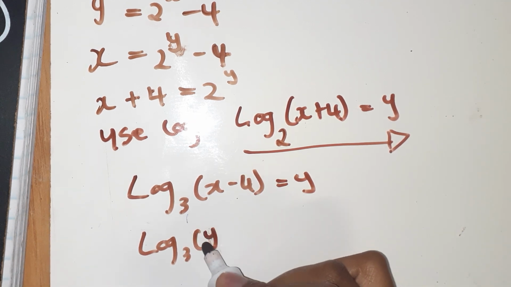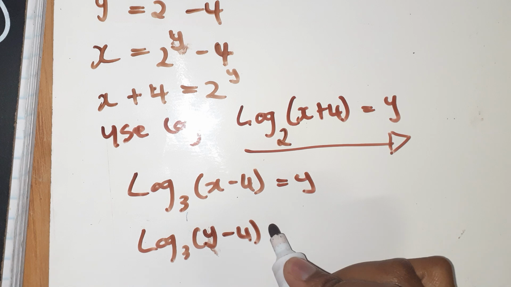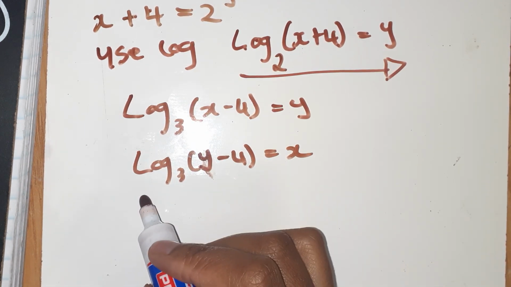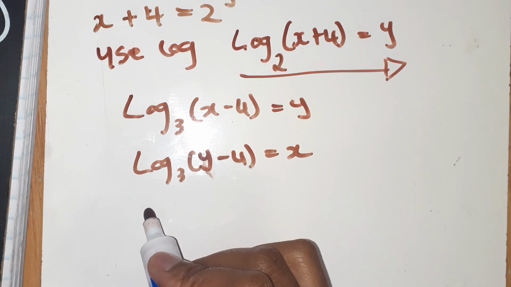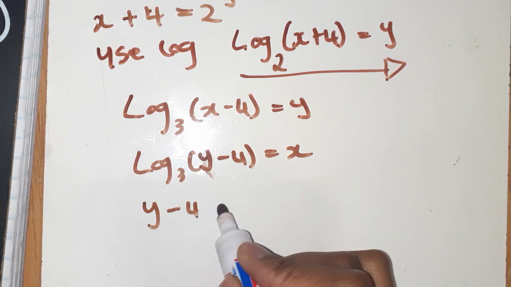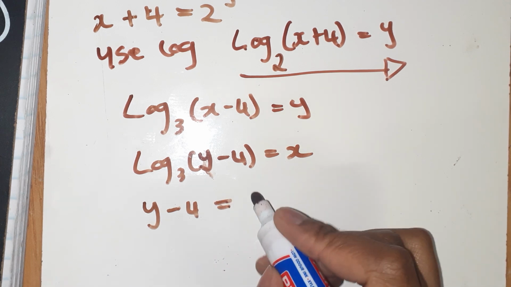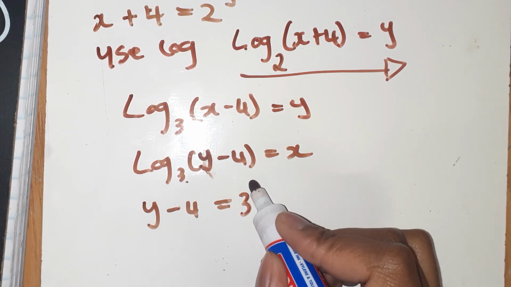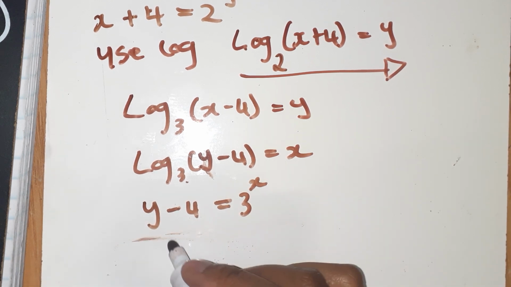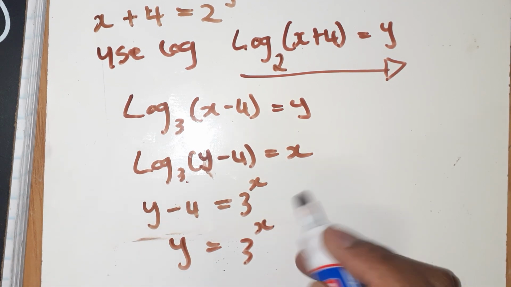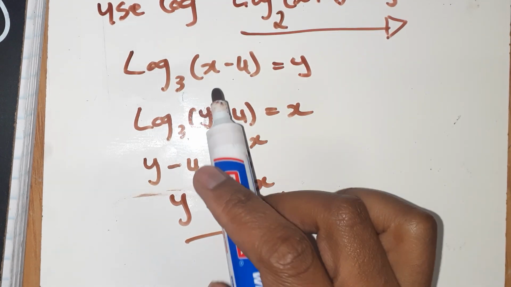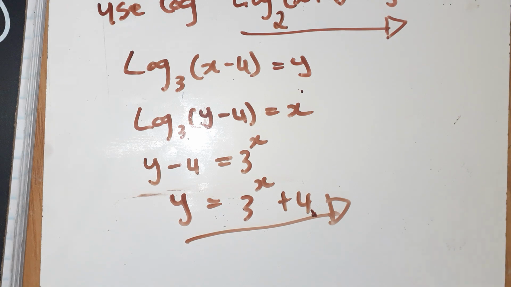Here we'll have y minus 4 equals x, and then we have to make y the subject of the formula, and then we will have y minus 4 equals 3 to the power of x. So this is not the end, sorry. So we will have y equals 3 to the power of x plus 4, and this will be the equation. A log graph, it's now an exponential.